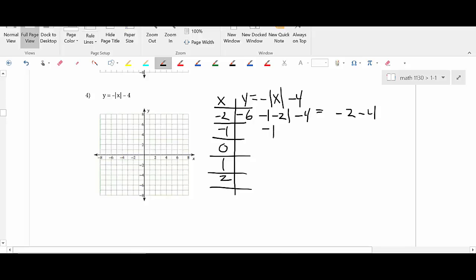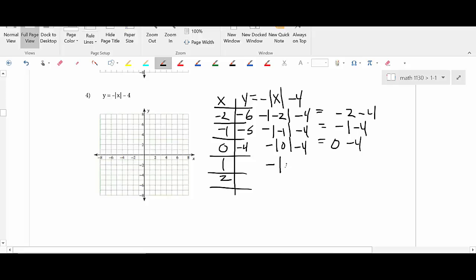All right, the next one is negative absolute value of -1 minus 4. So again, that's -1 minus 4, so that's -5. And the next one is negative absolute value of 0 minus 4. The absolute value of 0 is 0, so that's just 0 minus 4. So that will be -4 like that, okay? Then let's do the next one.